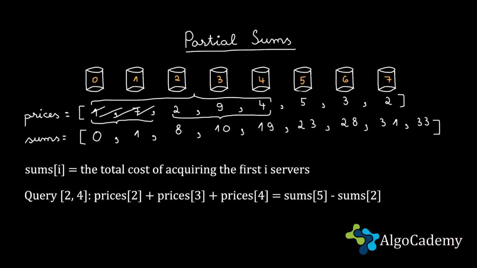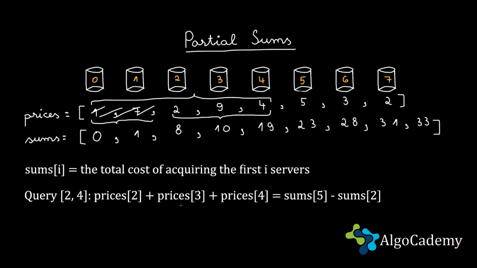This is exactly why we have here sums of 5, because we will take the first right plus 1 servers, because between server 0 and server right, there are a total of right plus 1 servers. So sums of 5 minus the first left servers, because between server number 0 and server number left minus 1, we have a total of left servers. And this is exactly how we do this.